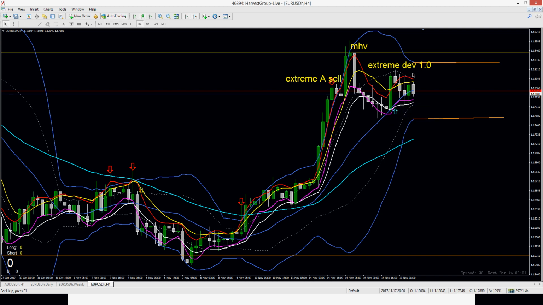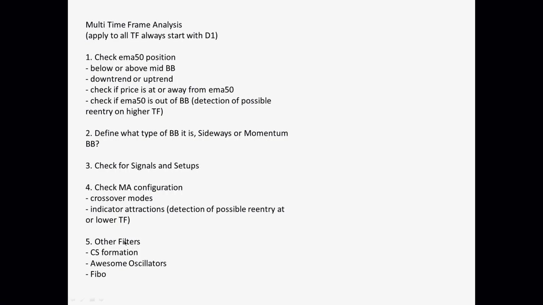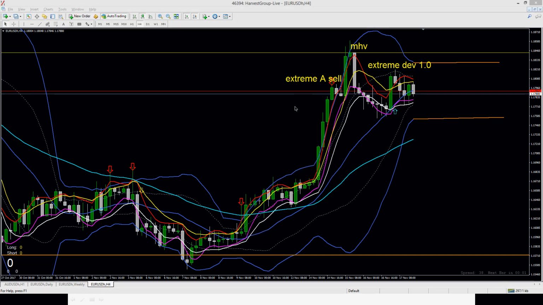Then the MA configuration is also on a buy configuration over here, but what we need to understand is the one that I showed you before, that there are other filters we can use: candlestick formation, awesome oscillator, Fibo. What I see on H4 here is a dominant candle.